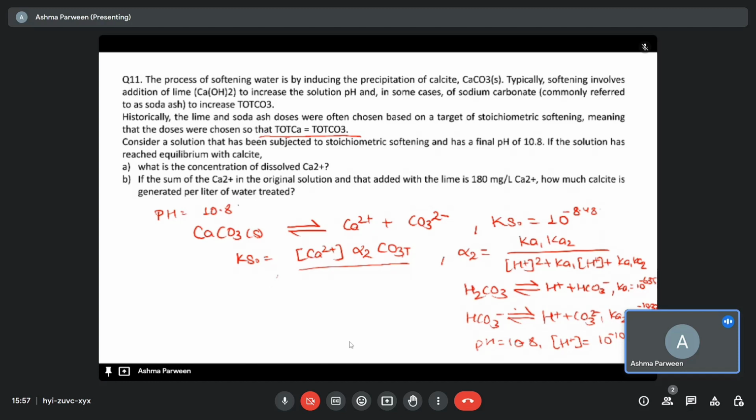So the total calcium will be equal to the dissolved Ca2+ concentration plus the summation of the hydroxide complexes of calcium.